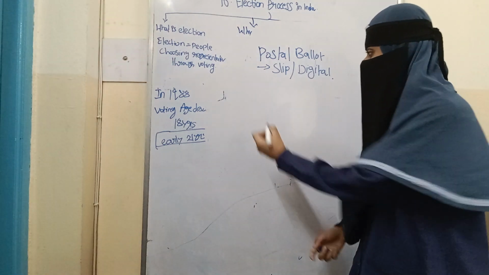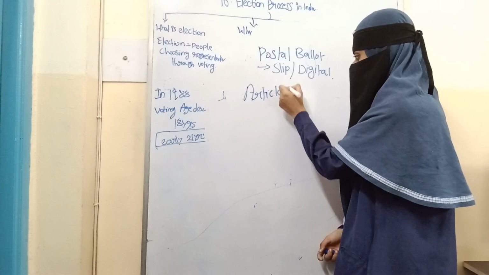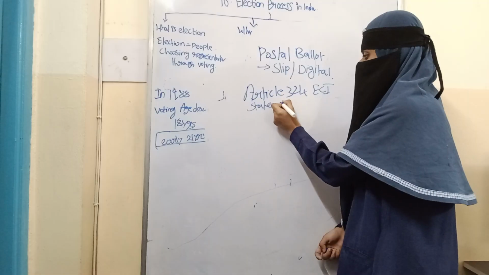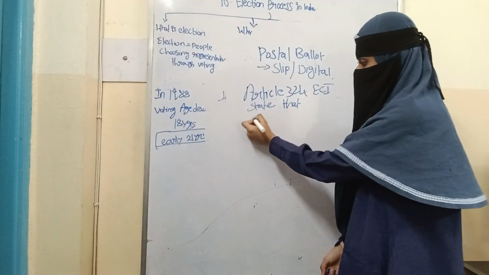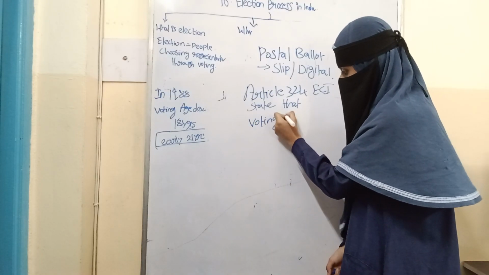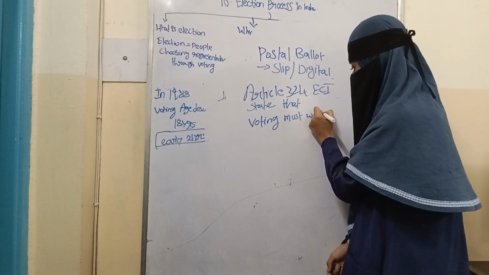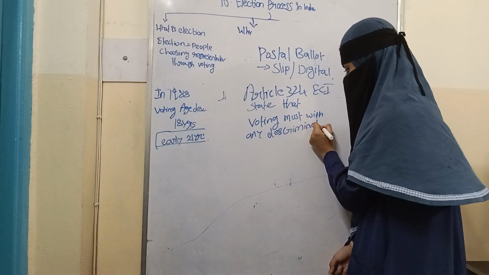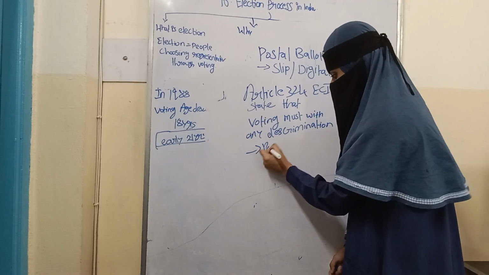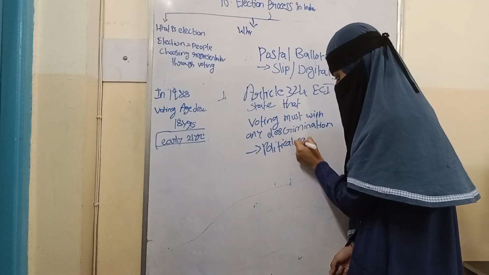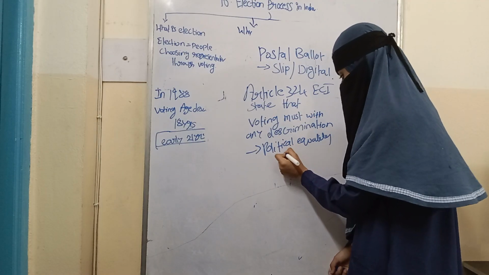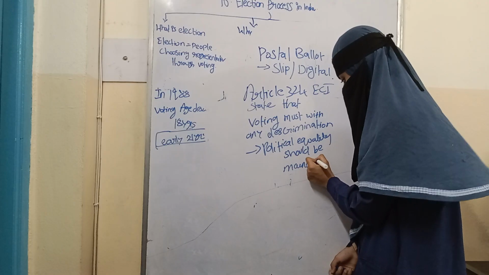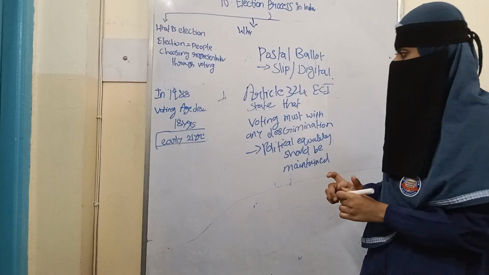And in Article 324, the ECI states that the voting must be done without any discrimination, and political equality should be there.